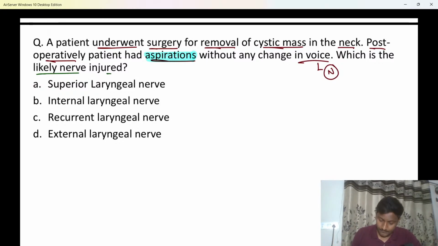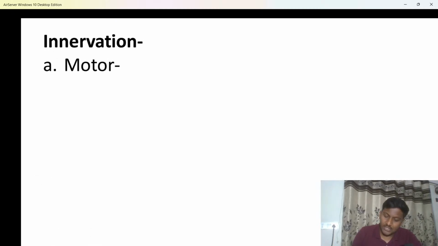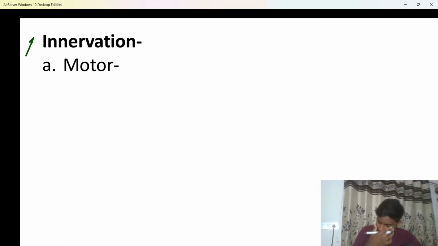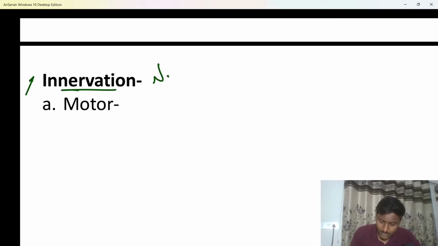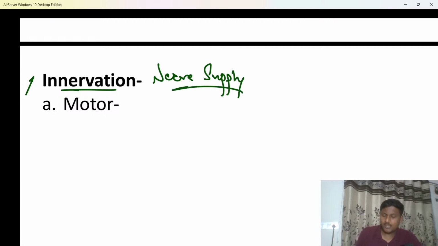Let's talk about that. For that understanding, you need to know the innervation of the larynx, or we can call it the nerve supply of the larynx. Yes, innervation का मतलब ही nerve supply होता है बेटा. Please remember there are two types of nerve supply in any organ. एक होता है the nerve supply to the muscles, beta, and that is called the motor nerve supply.